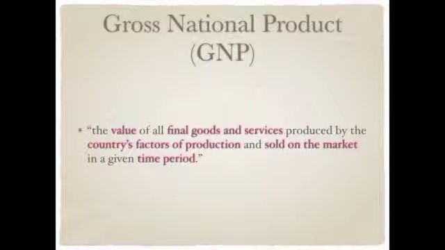Also, you can see that I have the country's factors of production highlighted. That means that regardless of where that particular factor of production is located, as long as it's owned by an individual of that particular country, it counts towards that country's GNP. As an example, let's say I owned a factory in Belgium.